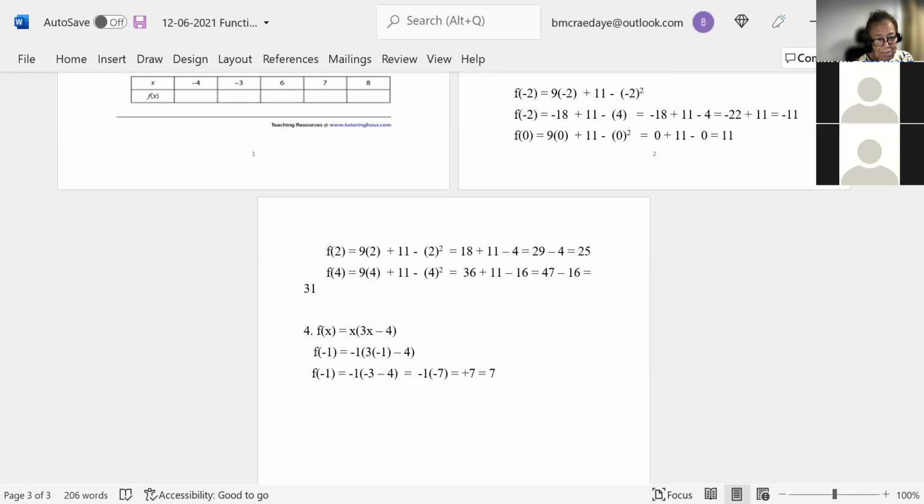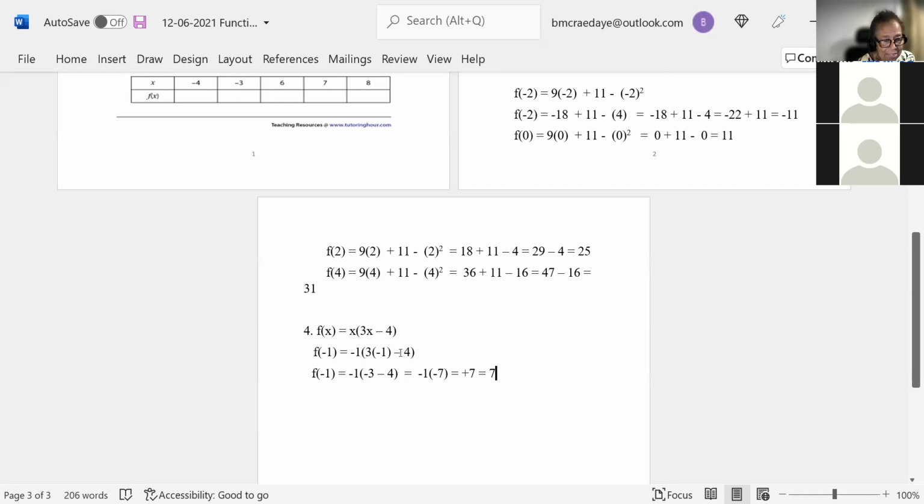Latoya, is that clear to you? Yeah, because you substitute in the -1 here for the x, the -1 here for the x. That's a multiplication. So you've got parentheses within parentheses. So 3 times a -1 is a -3.